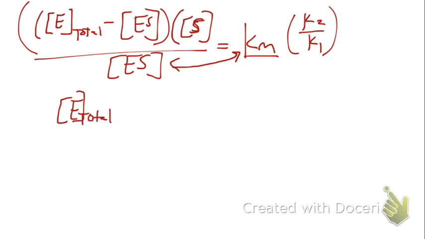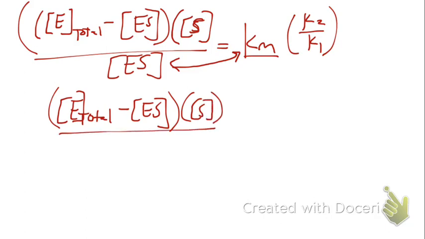So we get E total minus ES times S divided by Km is equal to the enzyme-substrate concentration. Now, I'm not going to show you the next 4 steps.